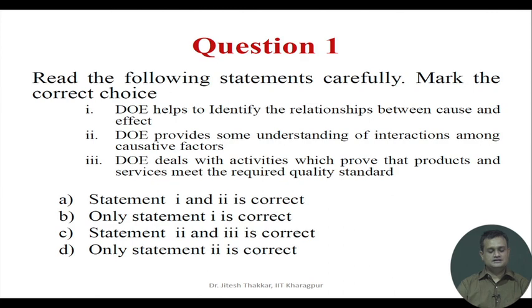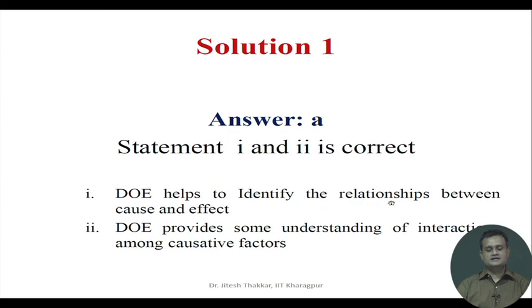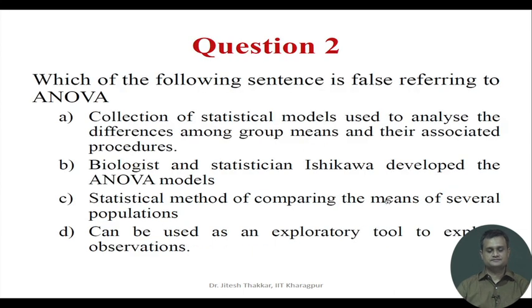So, A, B, C and D, you can see the options and we are supposed to find the correct choices. So, the answer to this question is A, statement 1 and 2 is correct. DOE helps to identify the relationships between cause and effect. DOE provides some understanding of interaction among causative factors.